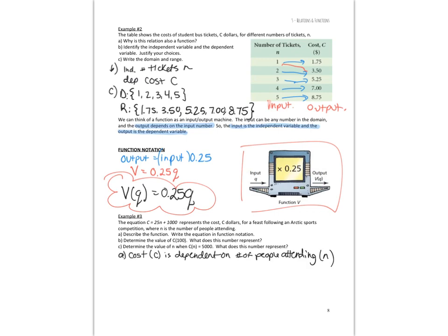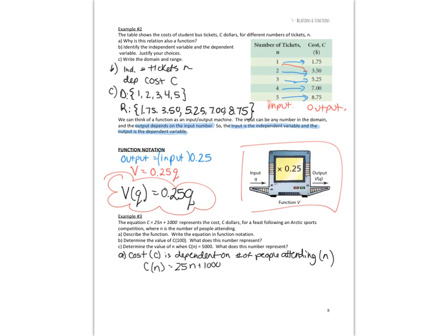So in function notation, we write C of N is equal to 25N plus 1,000. Really, the only thing that changes when we write this in function notation is we add the independent variable in brackets before the equals sign, just showing what it is depending on.